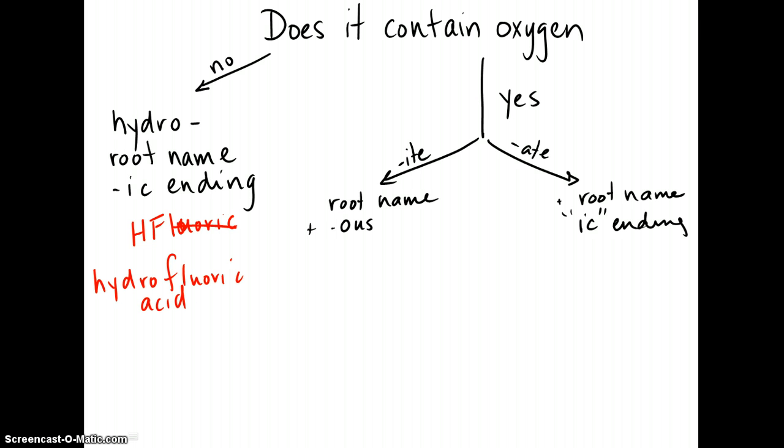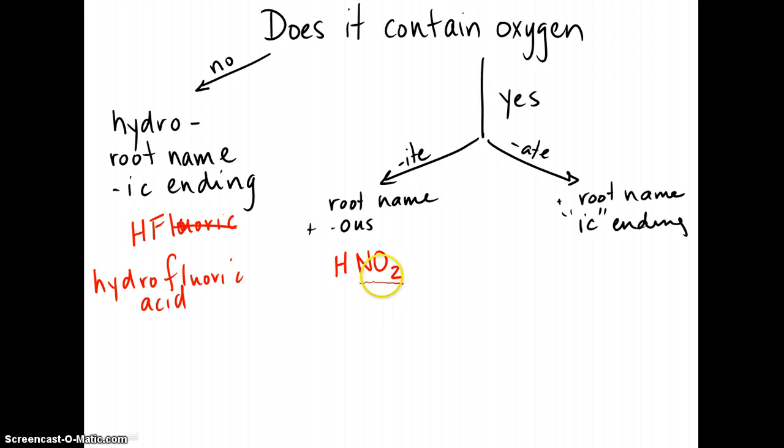If you have a chemical that does contain oxygen, let's try this one right here, HNO2. All right, so you know it's starting with an H, it's an acid. NO2, you see the oxygen right here, so you know, okay, I need to take this path. And then what you need to do is look at that polyatomic anion you have over here and say, okay, what is the name of that?